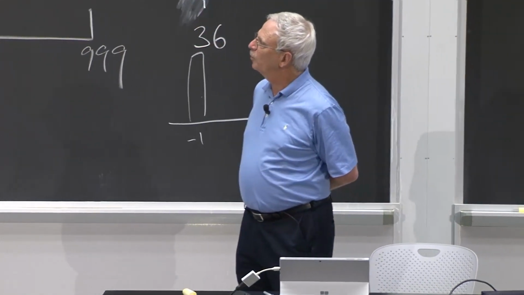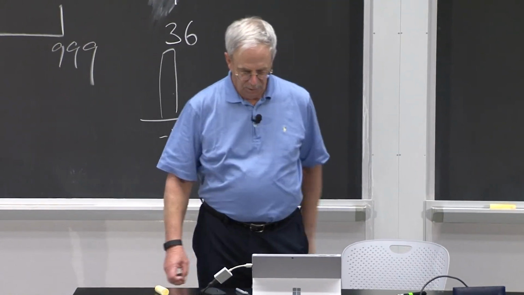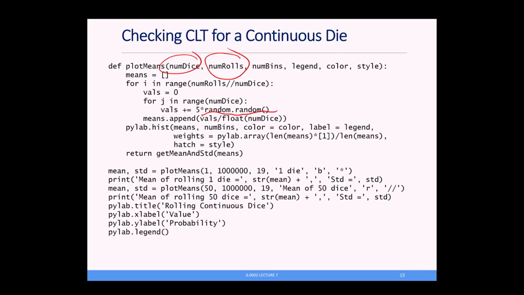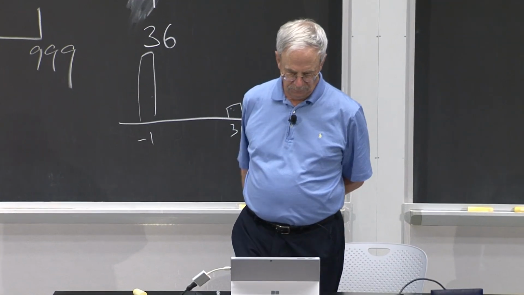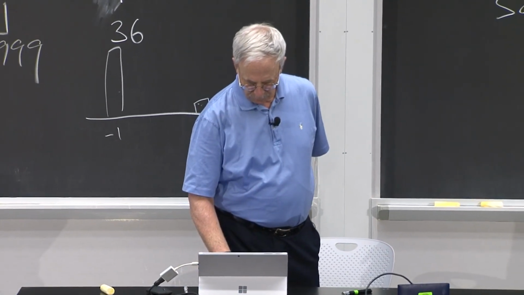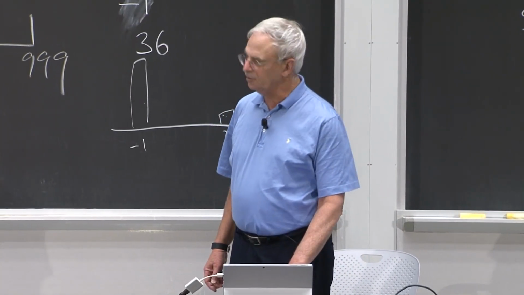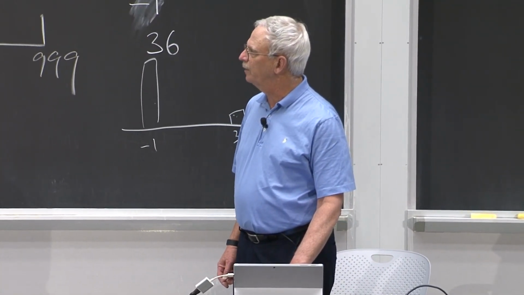So it will be between 0 and 5, because random.random returns a number between 0 and 1, and I'm multiplying it by 5. And then we'll look at the means, and we'll plot it all. Again, we're playing games with weights just to make the plot a little easier to read.